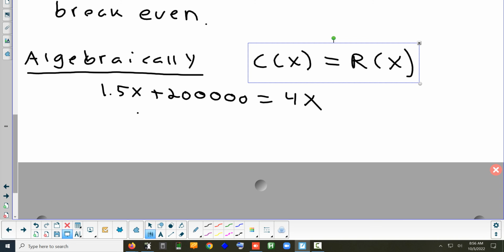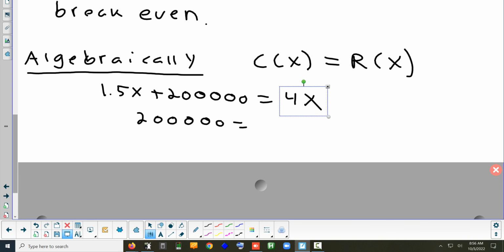So minus 1.5x from each side. And Sam, if I minus 1.5 from 4, what will that give me? Oh, shoot. I'm being bad at math right now. I'm lost right now. 3.5?